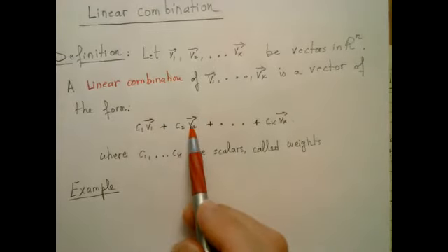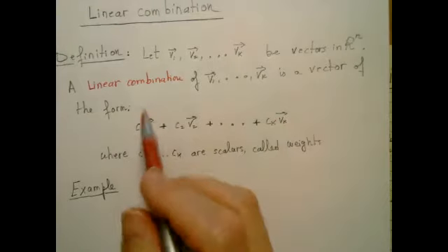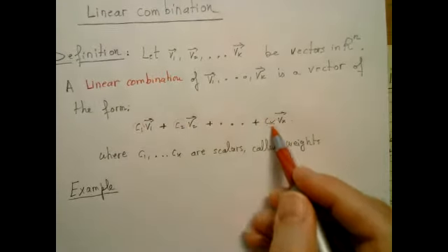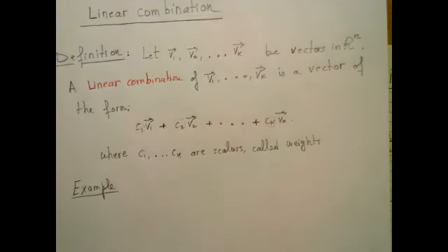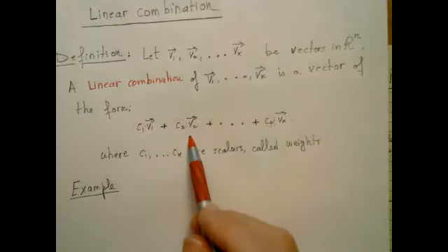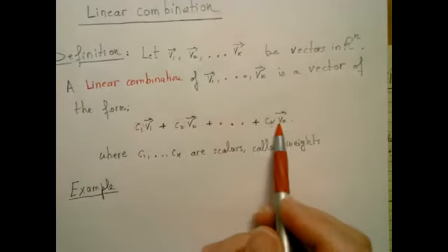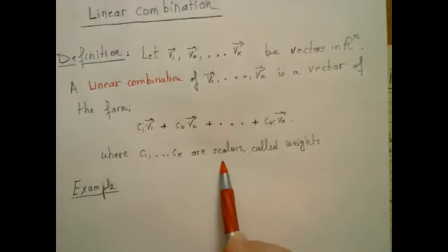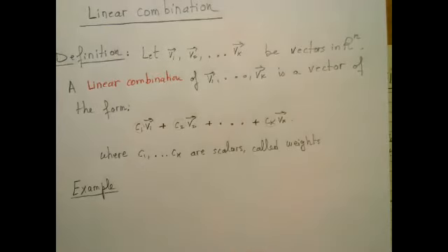It's v1 plus v2 plus vk, but we put a certain weight on each one of them. So it's a vector which is c1 v1 plus c2 v2 plus c3 v3 plus ck vk, where the c1 through ck are scalars that we call the weights of the linear combination.